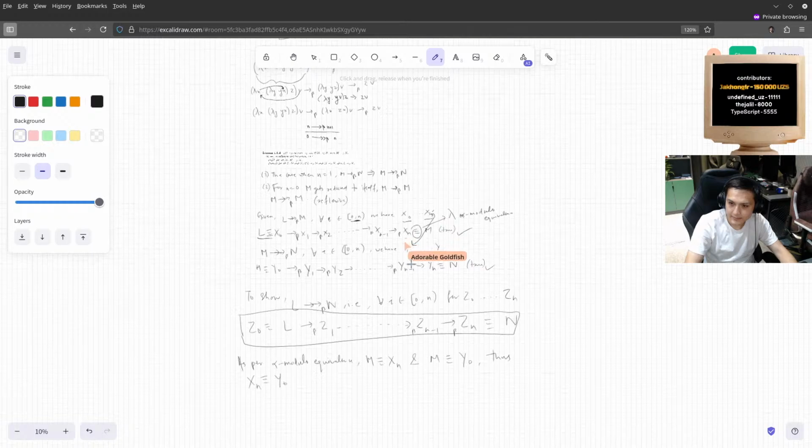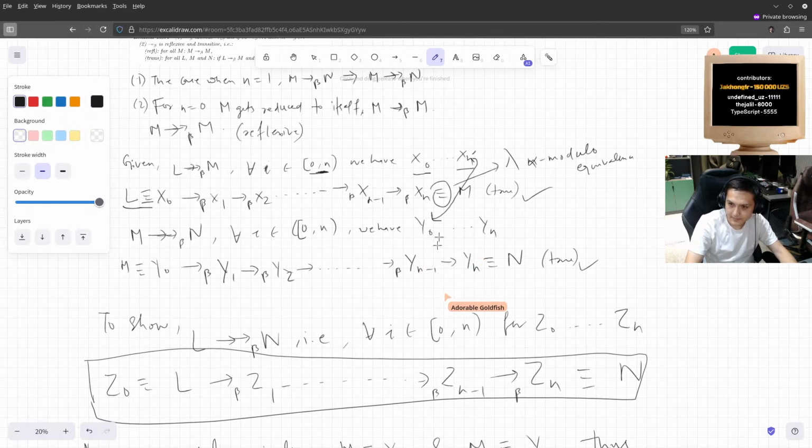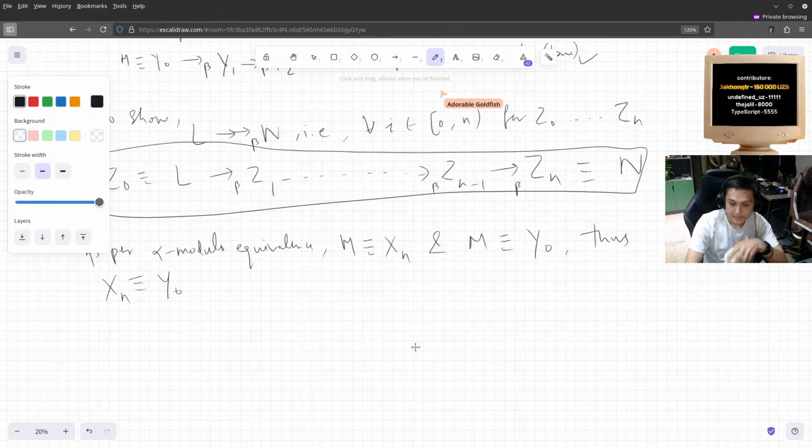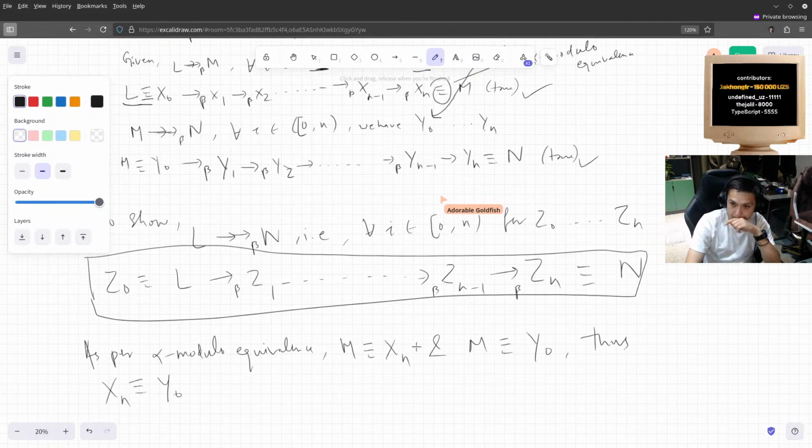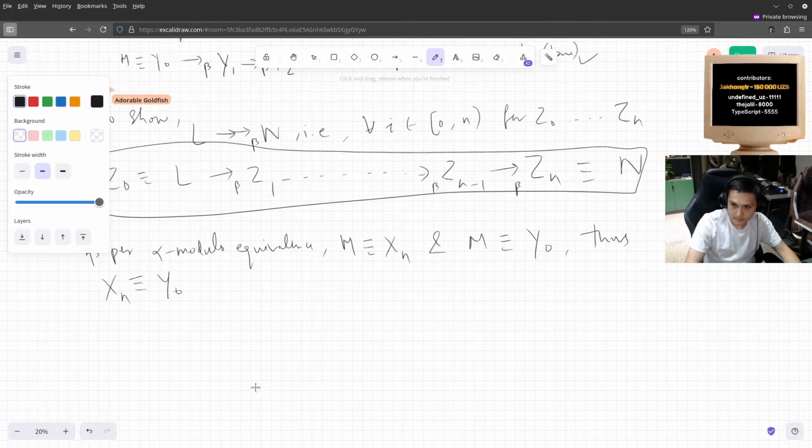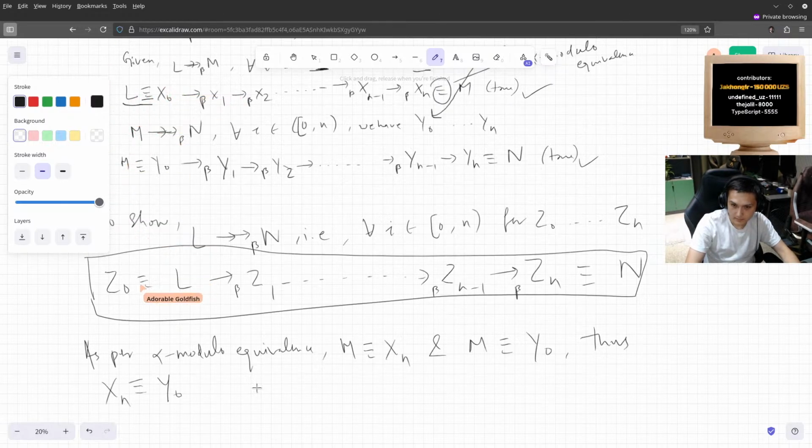Then yn is equivalent to N, and zn is equivalent to N, so obviously yn is equal to zn. And L is equivalent to z0 and L is equivalent to x0, so z0 is x0.